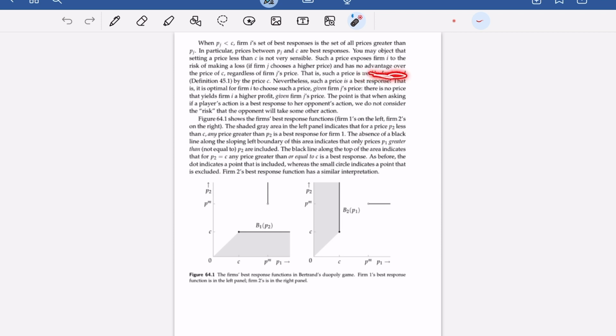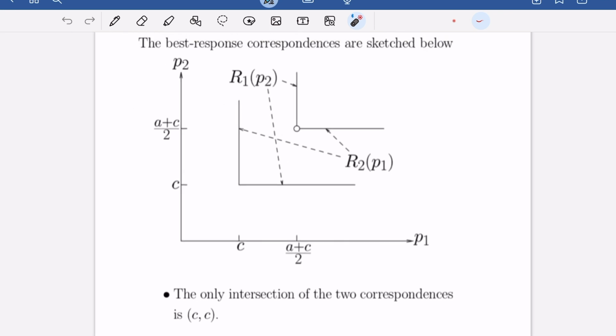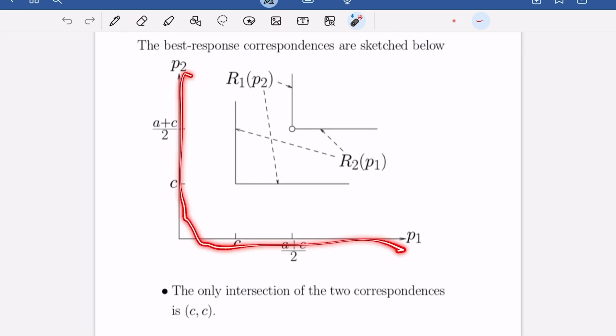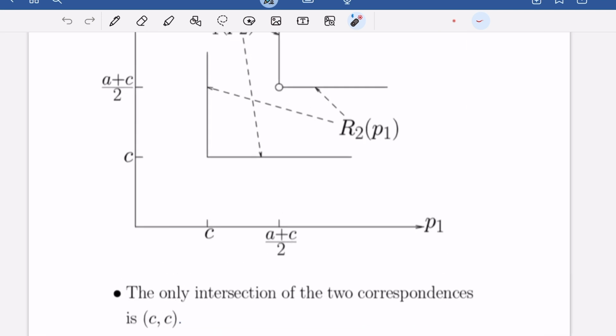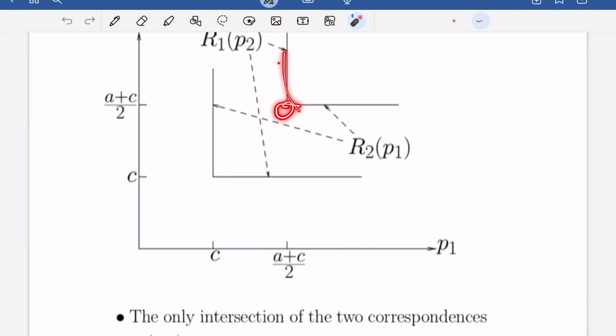The price is just weakly dominated. So we just put it in the scenario because it is a possible scenario. And if we were to write out the best response function, we actually see that it is these two lines combined with these two lines. But these two lines don't intersect because it's a hollow circle over here, and the only intersection is over here.